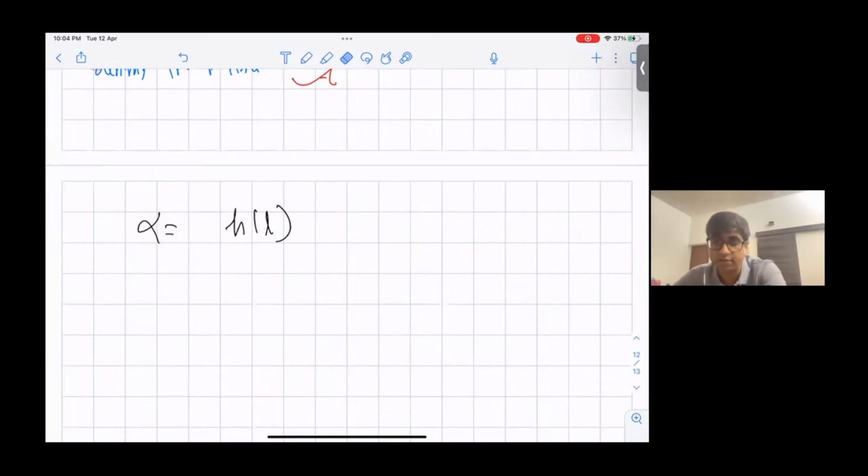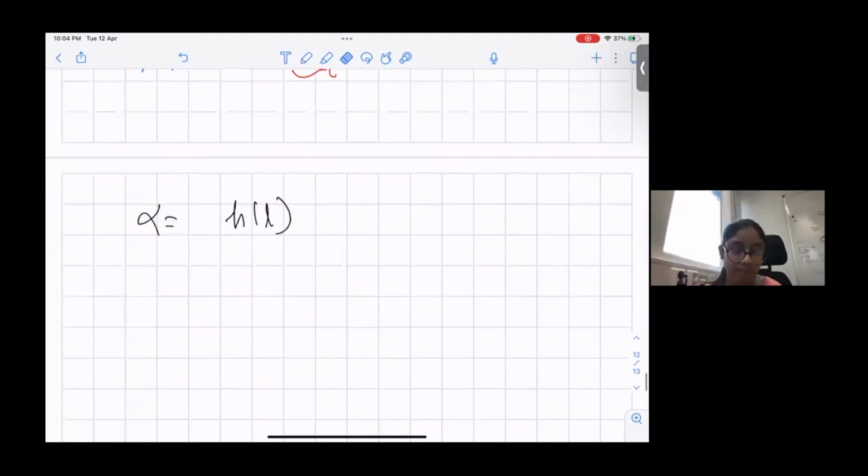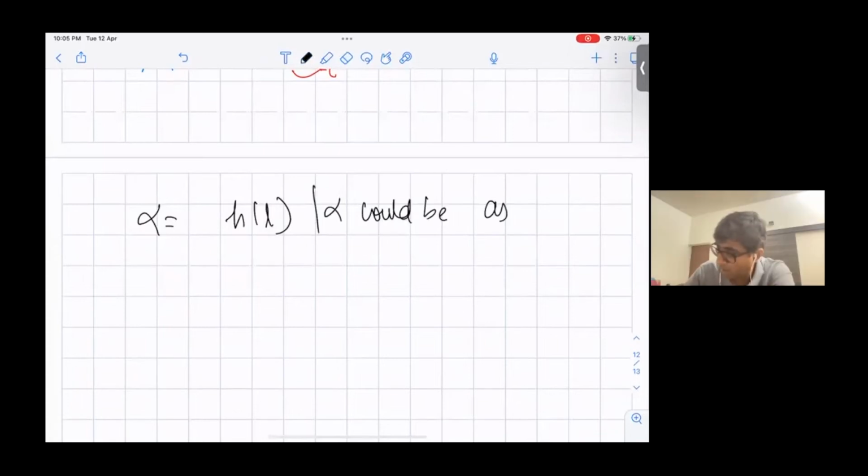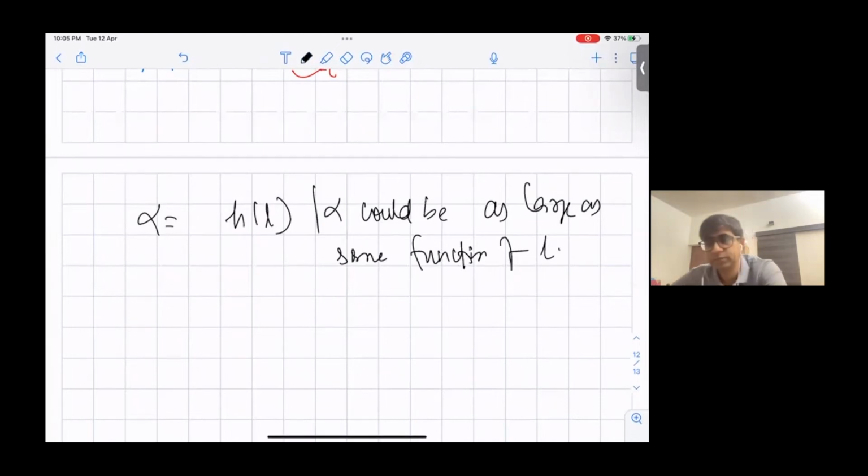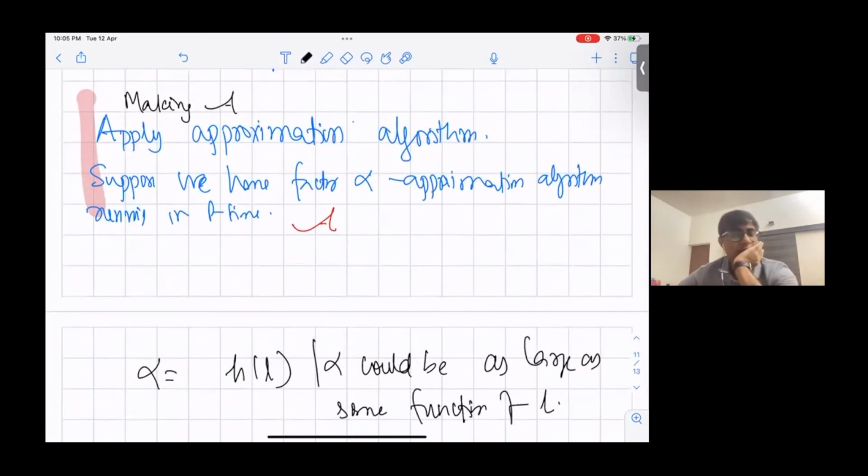So that much power I can definitely give. Alpha could be as large as some function of L. But how do we make this A in our case?